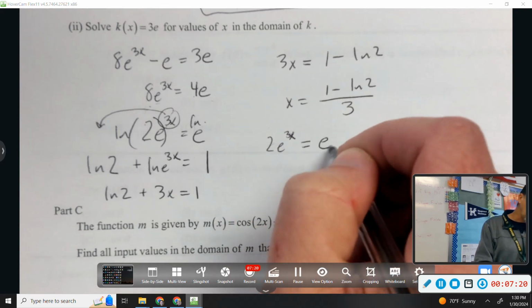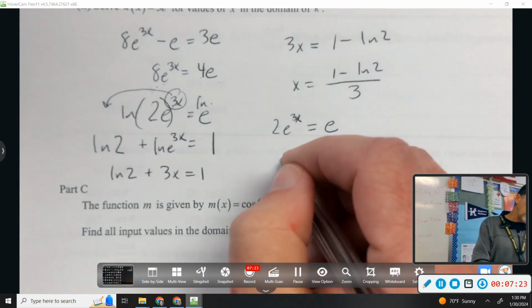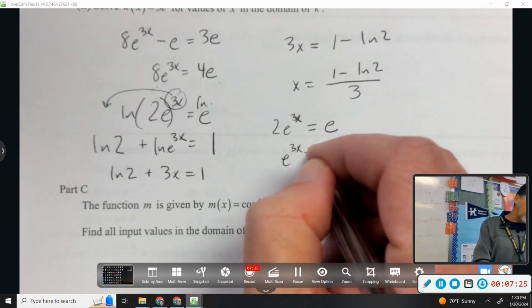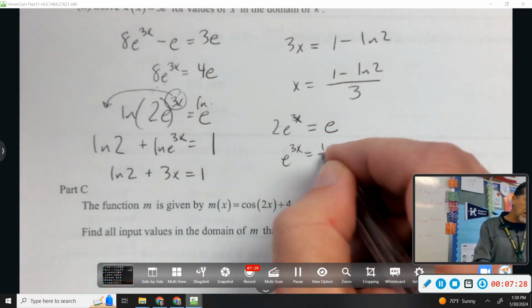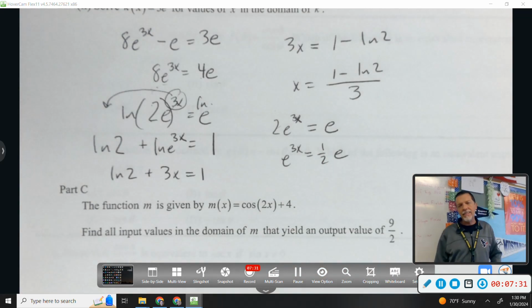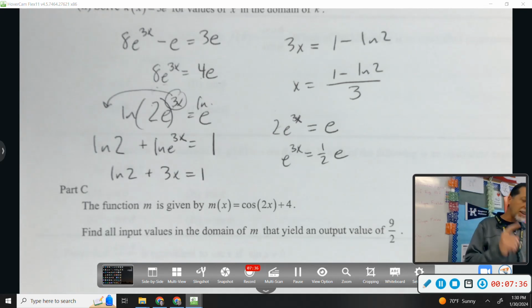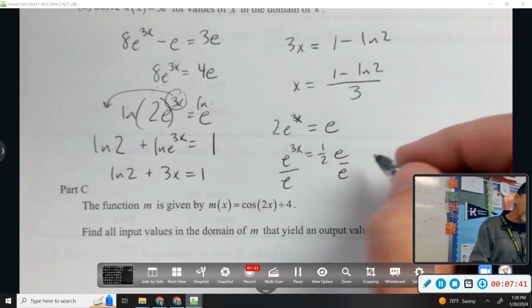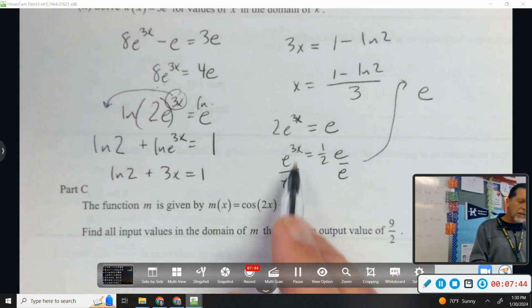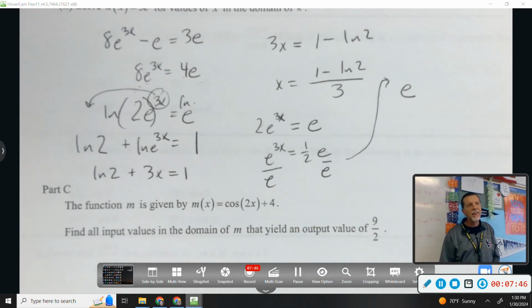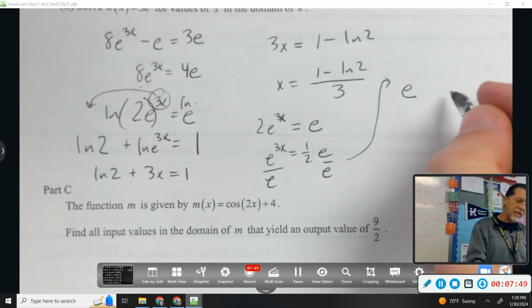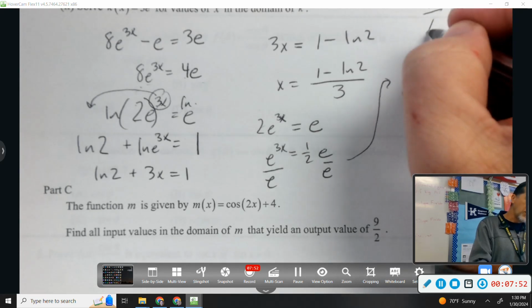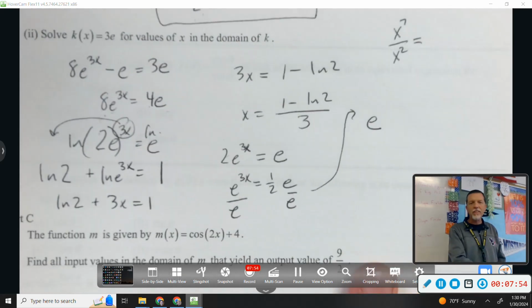2e to the 3x equals e. One student wanted to get the 2 on the other side so they wouldn't run into that problem we just had. So you could do that. That sort of switches the problem to the other side. Then he said, let's divide by e. I said, that's fine, but you have to know what e to the 3x over e is. What's e to the 3x divided by e? Let's work an easier problem. What's x to the 7th over x squared? X to the 5th.